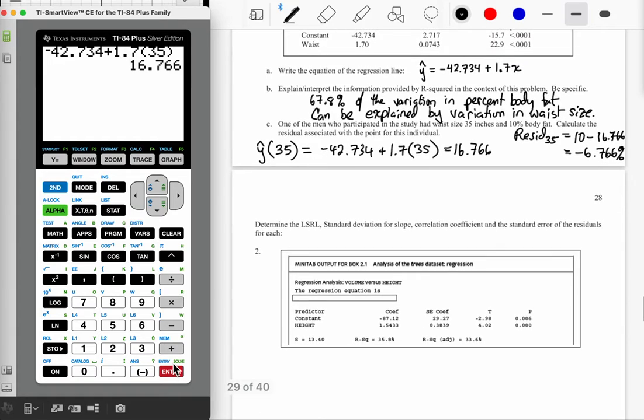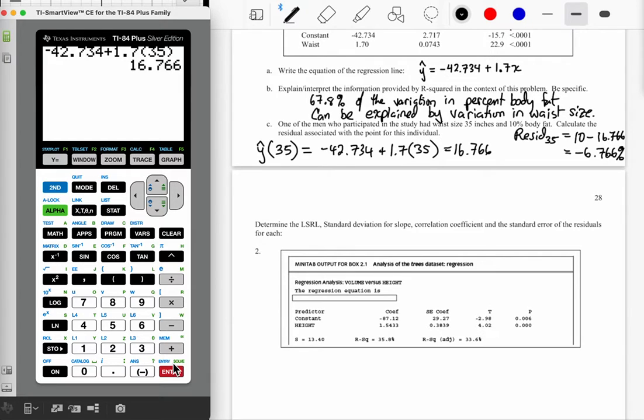But in number 2, determine the LSRL, again, least squares regression line. So linear regression equation, standard deviation for slope, correlation coefficient, and the standard error of the residuals. It takes a little getting used to. Some parts are pretty easy, some parts are not so much.